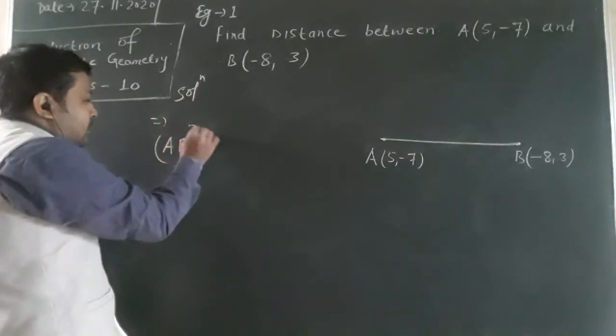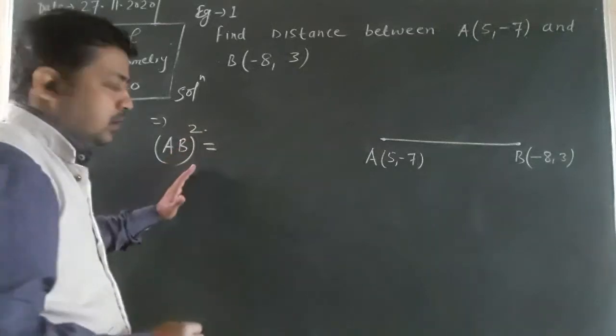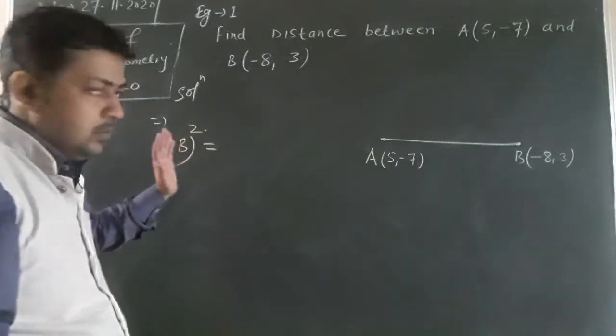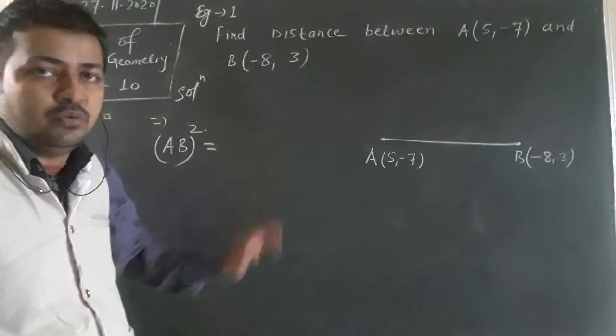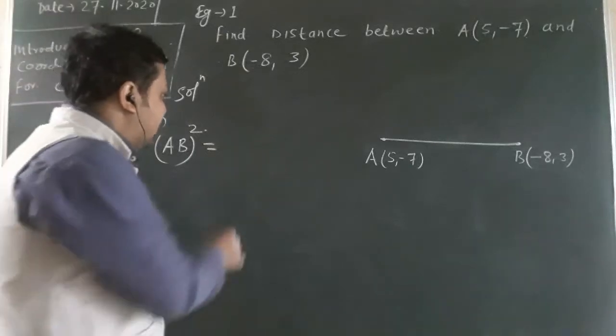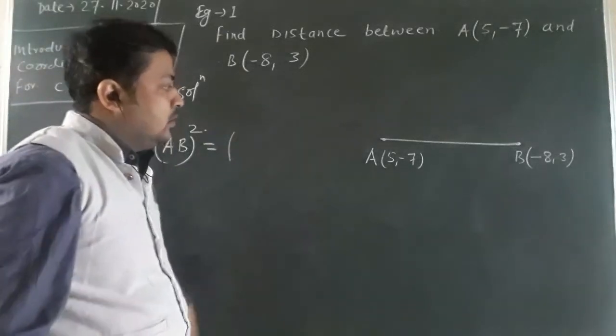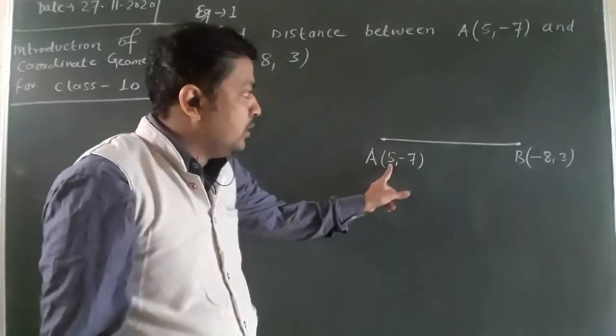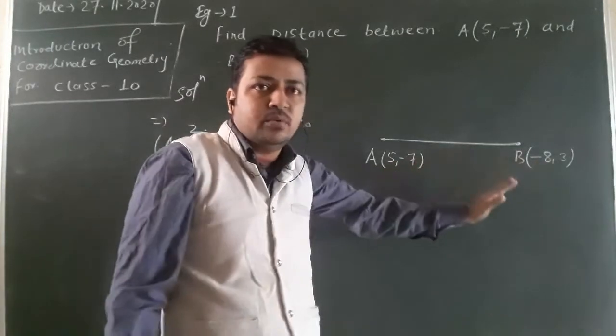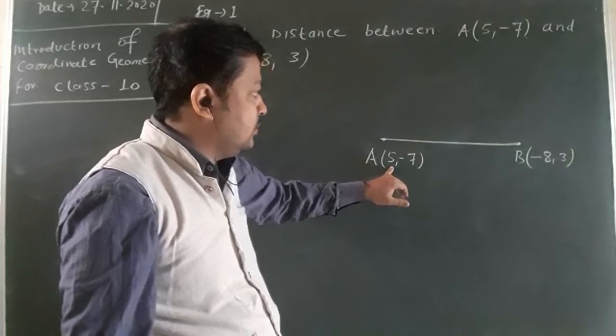First, the length of AB. We write AB square. On the left hand side, always write AB square in square form. Don't go with the roots. After that, give a bracket and see this. First component of A and first component of B. Which one is positive? This one is positive.